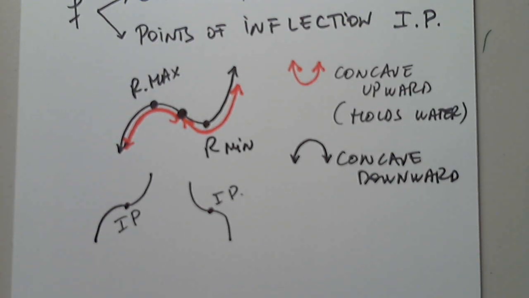So from negative infinity to -1, the function holds water. From -1 to +1, the function does not. It's concave downward. And then from 1 to infinity, again, the function is concave upward.